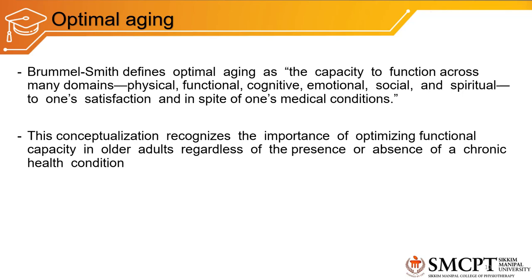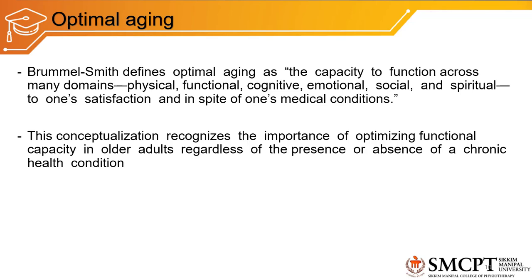Now, there were some shortcomings with Rowe and Kahn's model. It was limited in its concept of successful aging, and it was more related to people without any disease. So Brummel-Smith gave the concept of optimal aging.